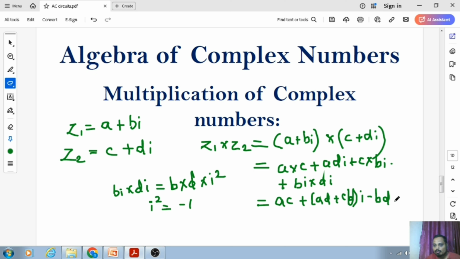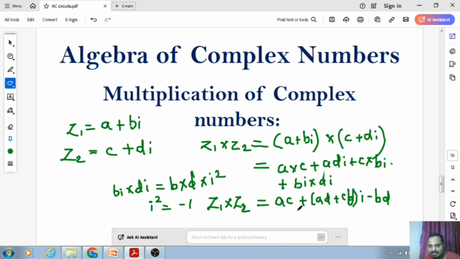So this is the final answer. Z1 times Z2 is equal to ac plus (ad plus cb) multiplied by i, and this is minus bd.